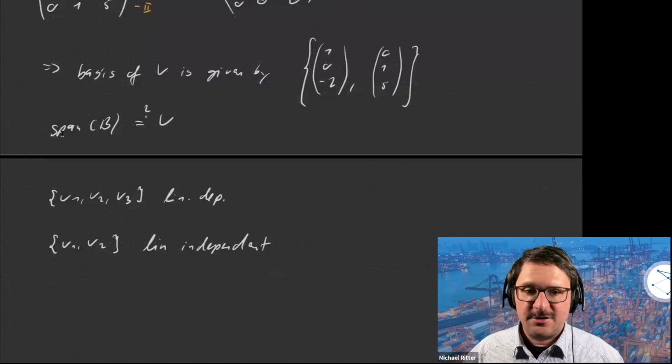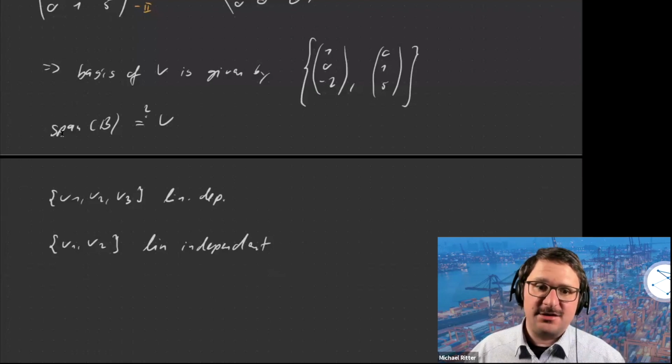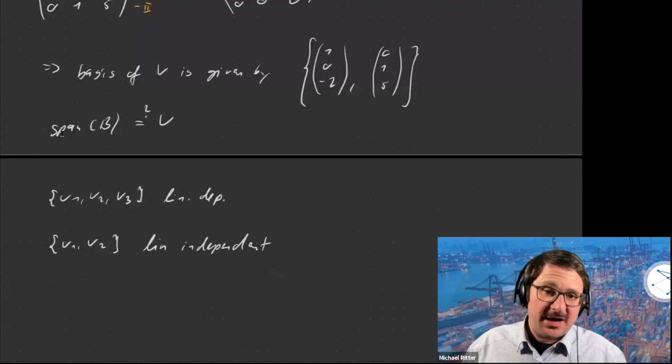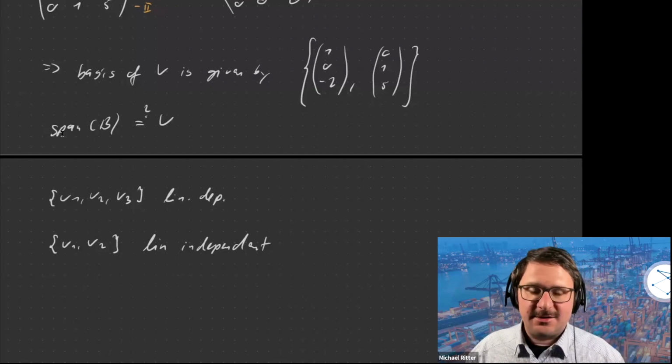If V1 and V2 are linearly independent, is it automatically a basis of V? If V1 and V2 are linearly independent and span V, so if the span of those two is V, then it is a basis of V, yes. You'd have to have those two things.